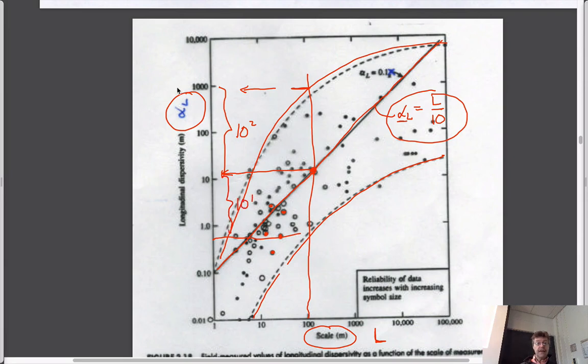And so this together is over a range of 3 orders of magnitude. So it's not particularly well constrained, but there's some pattern there. And so the question is, why would it be that this general relationship is that if a plume is very short, then its dispersion coefficient is small, and if it's very big, then it's much larger.